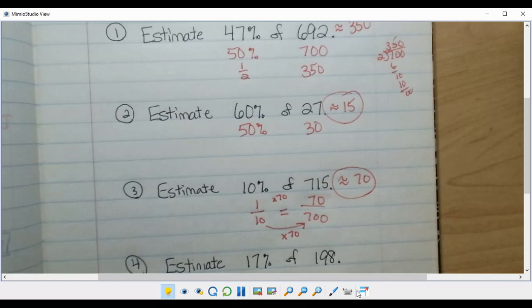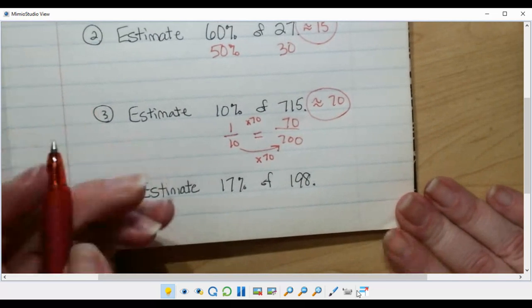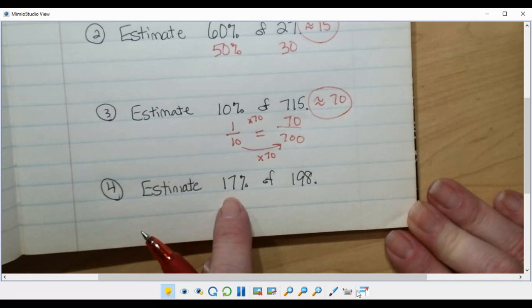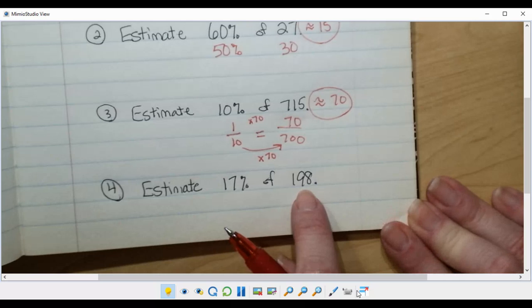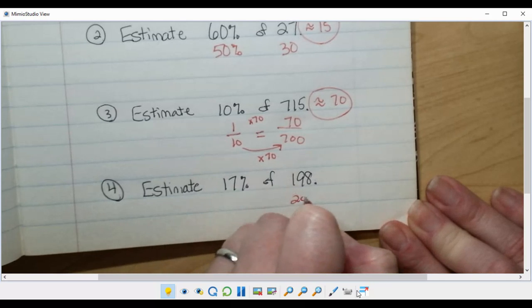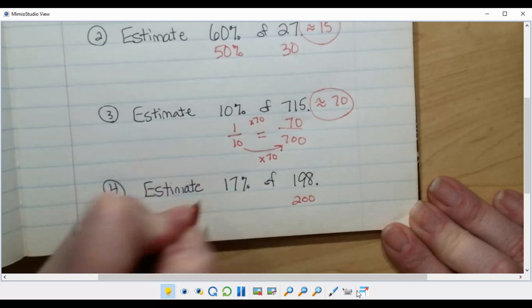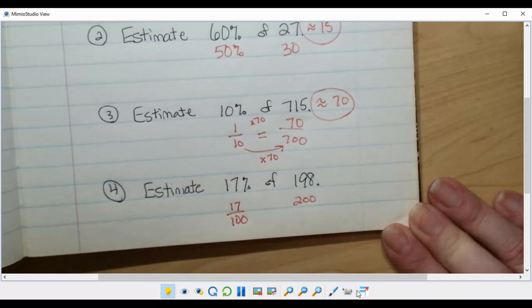Okay, I have one more example for you. This one will blow your mind until you realize what I'm doing, and then you're like, that's amazing. I'm not going to round 17%. I'm going to leave it exactly at 17. But I am going to round this 198 to 200. Now let's think about the fraction. 17% is really 17 for every 100.